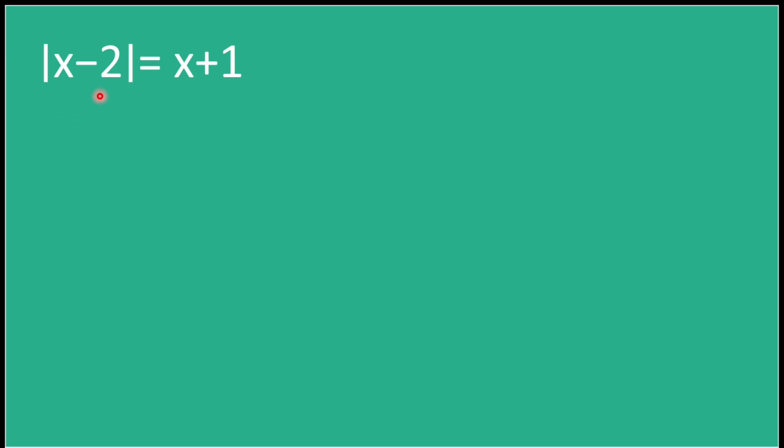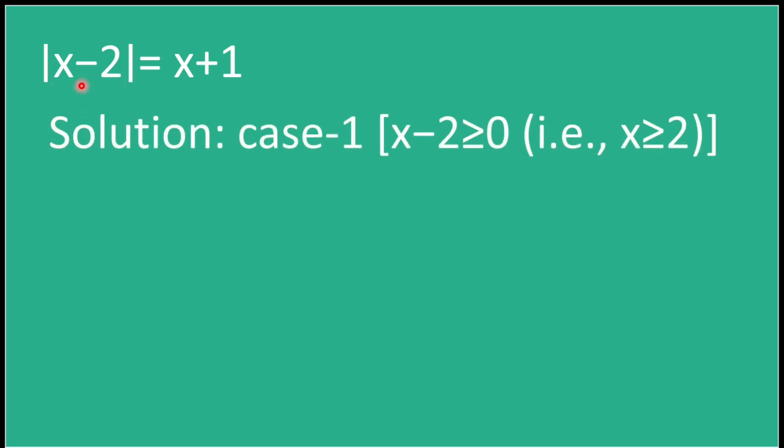So in this question we have two cases, because when an absolute value is involved, we take this absolute value in two cases. Case one is when x minus 2 is greater than or equal to 0. In this case, it means that x is greater than 2. So in this case, we will have x minus 2 equal to x plus 1, that is, the absolute value of x minus 2 equal to x plus 1.